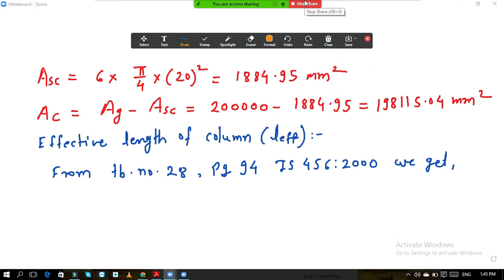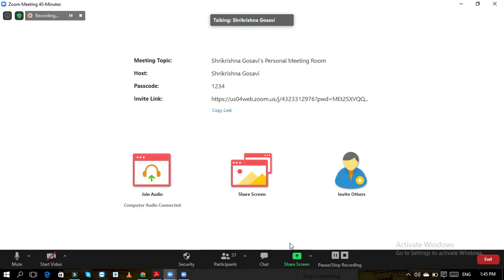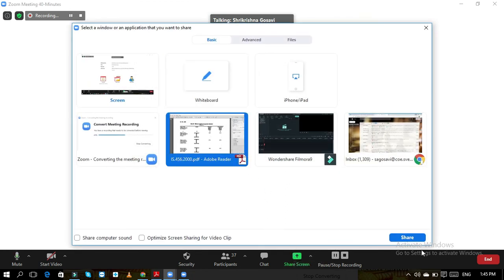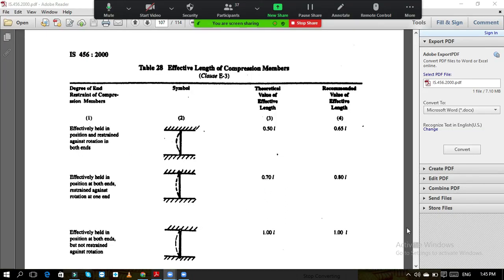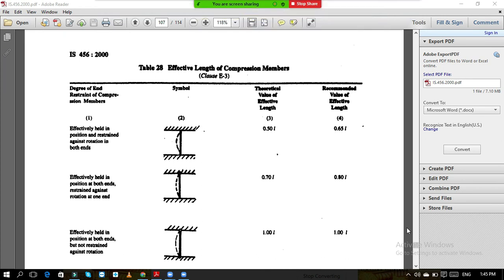So we have to move to the IS code and see which condition is given in the problem. The problem says effectively held in position at both ends, restrained against rotation at one end. You see this: effectively held in position at both ends and restrained against rotation at one end. So this is the condition which is given in the problem.